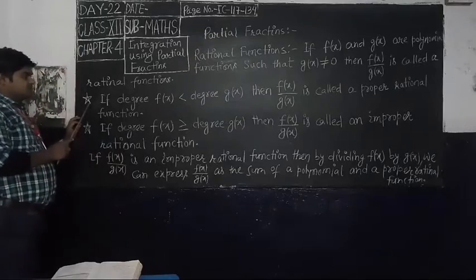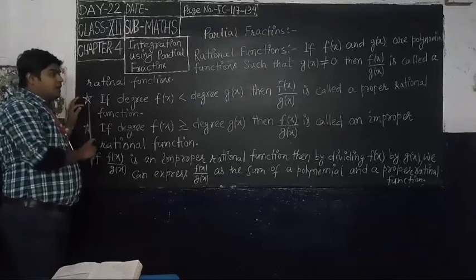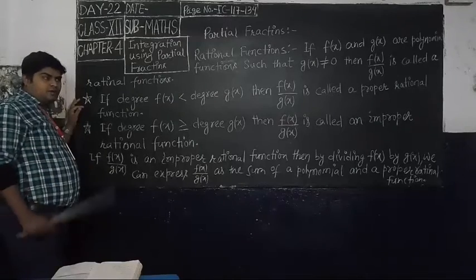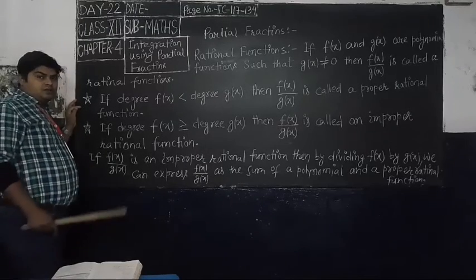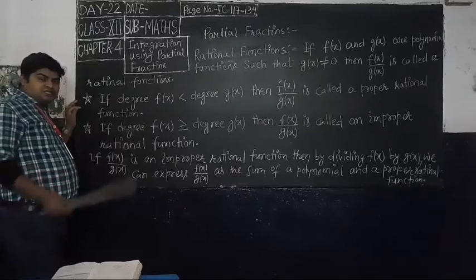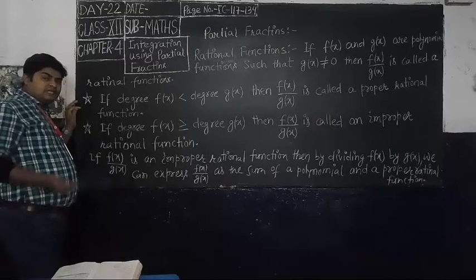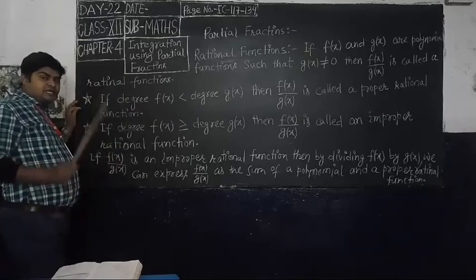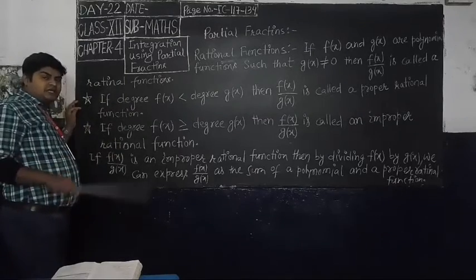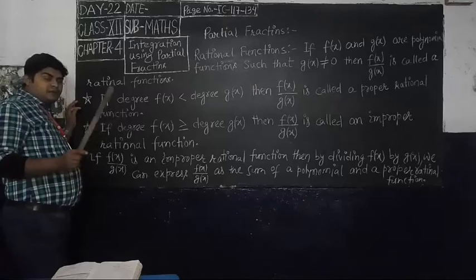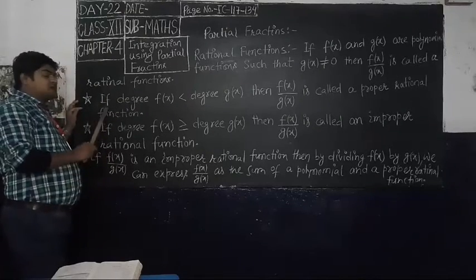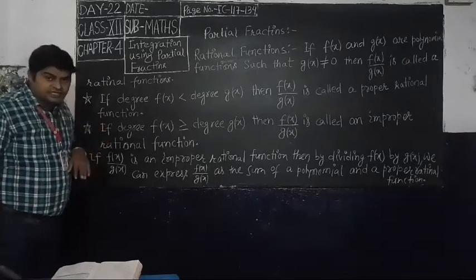Now an important point: you have studied proper fractions or proper rational numbers. The fraction in which the numerator is less than the denominator is known as a proper fraction. Here the term is proper rational function.